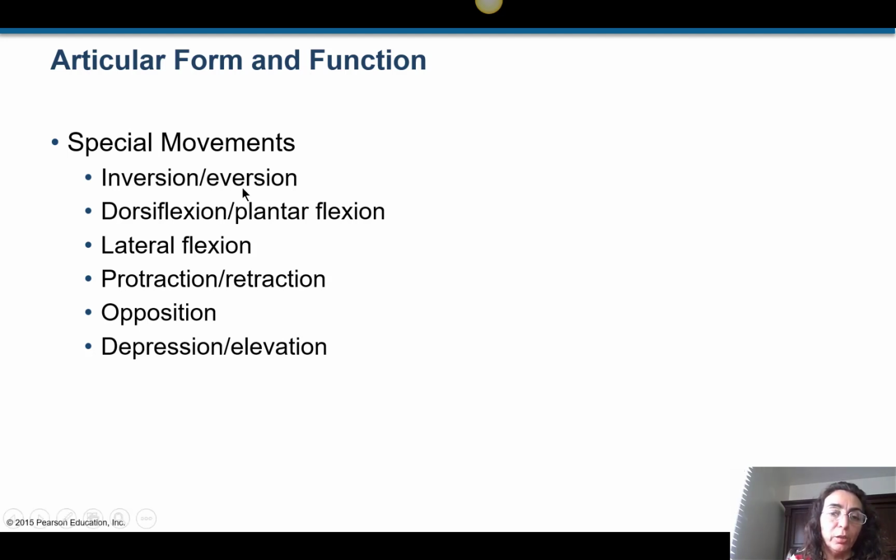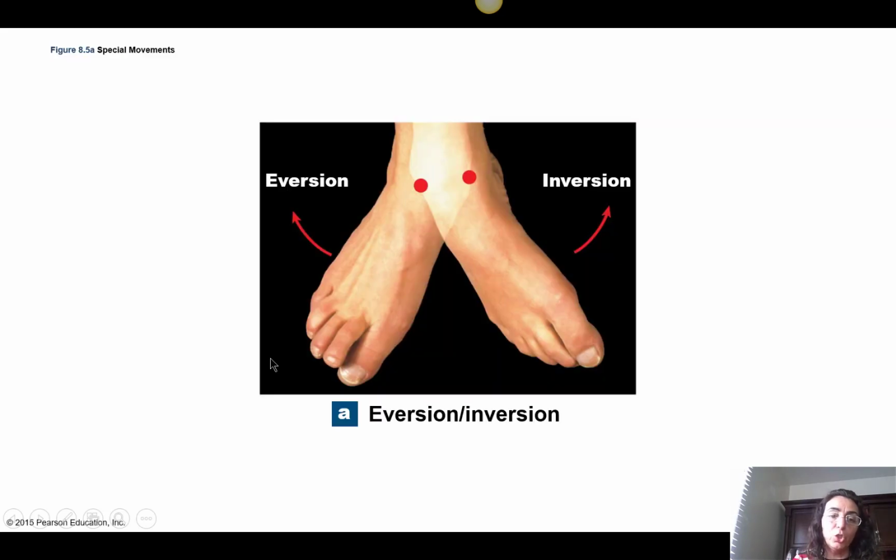Inversion and eversion, dorsiflexion and plantar flexion, lateral flexion, protraction and retraction, opposition, and depression and elevation. Now let's see each one of them, and you need to know every single one of these, right?